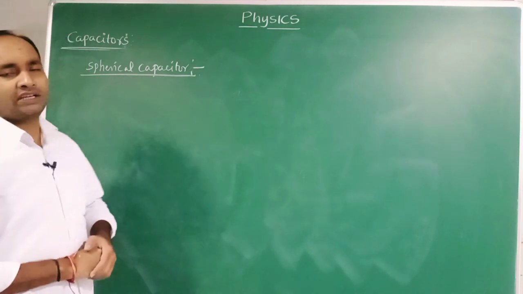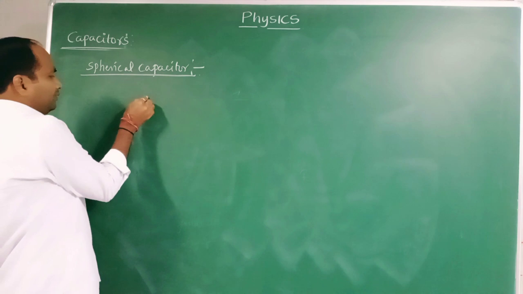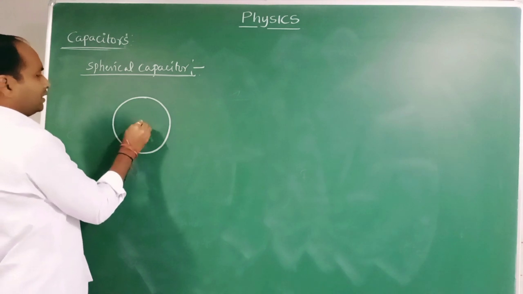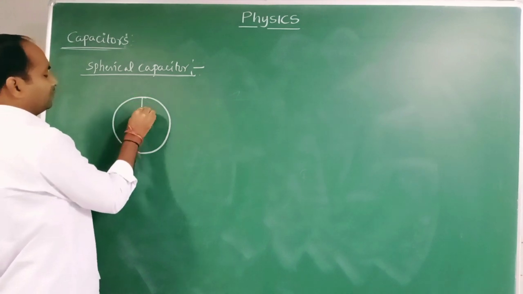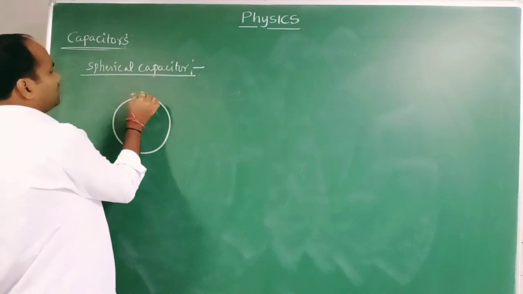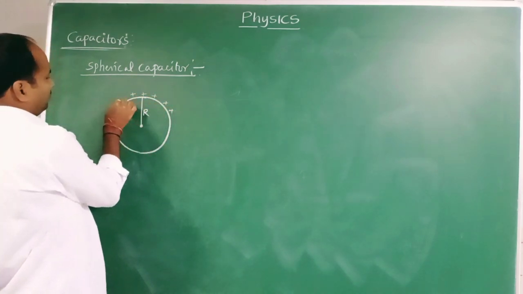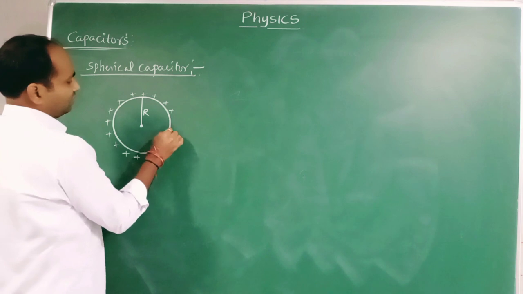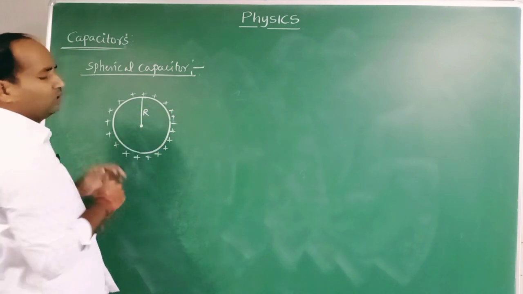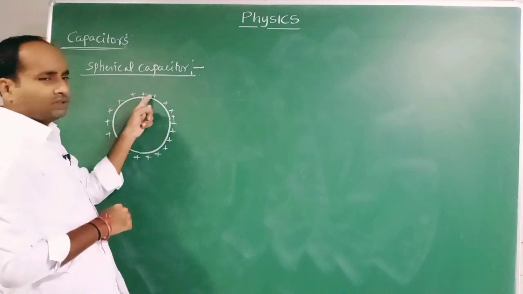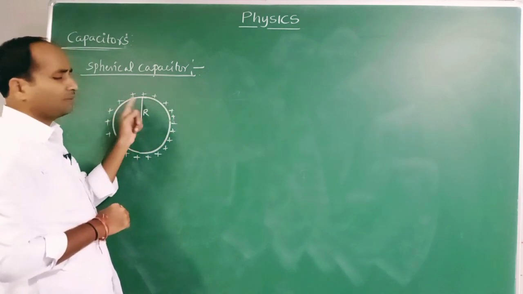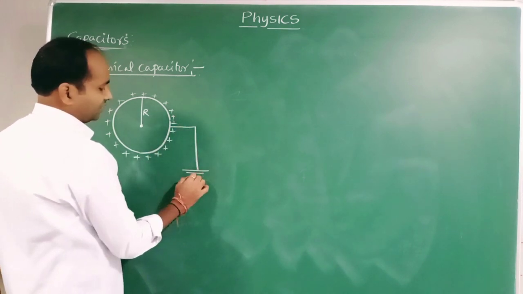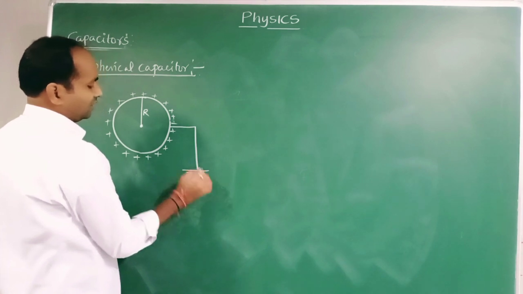Here we are taking a conducting sphere of radius capital R, given a positive charge plus Q. The spherical condenser is charged to a potential V. Only a conducting sphere of radius R is taken, and the second conductor is considered to be the earth.